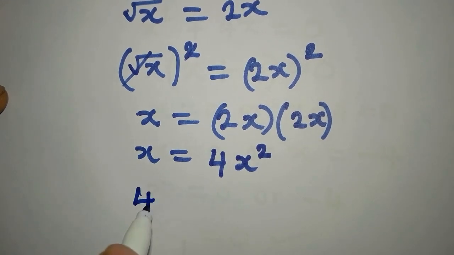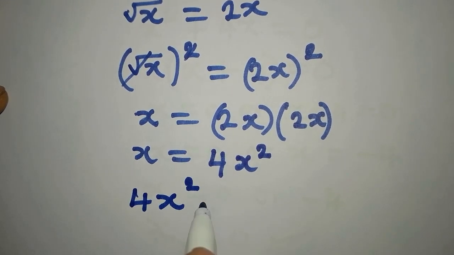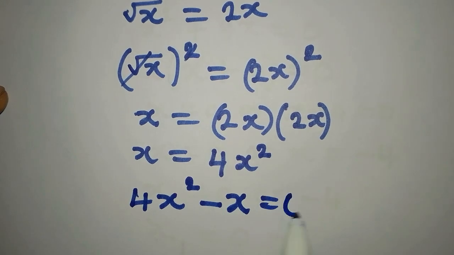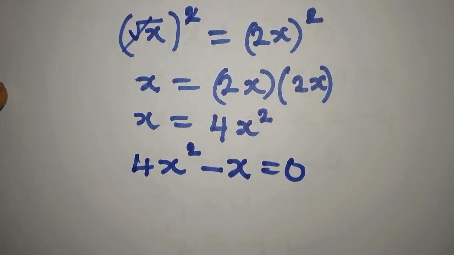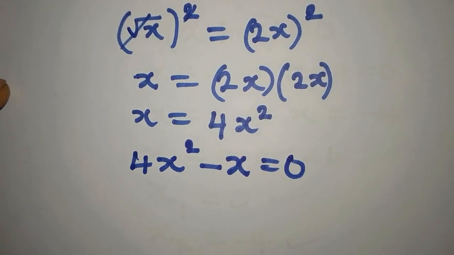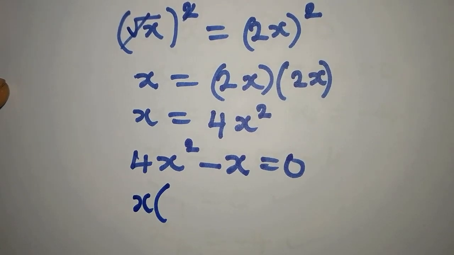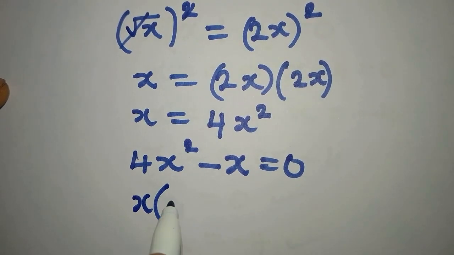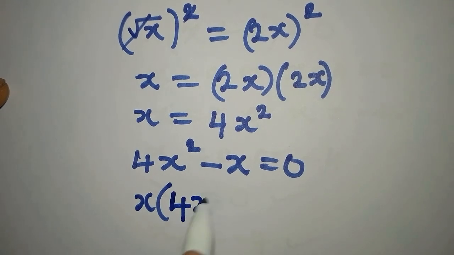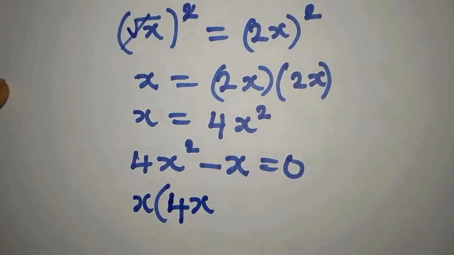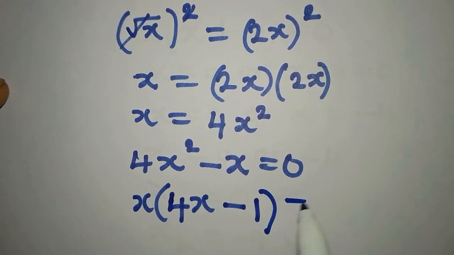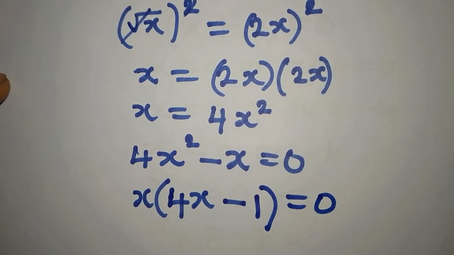Now this means that 4x squared minus x is actually equal to 0. And if this is equal to 0, what should we do? We can factorize, and x will come out as a common factor, so that we have 4x remaining in the bracket, then x divided by x is 1, and we equate this to 0.